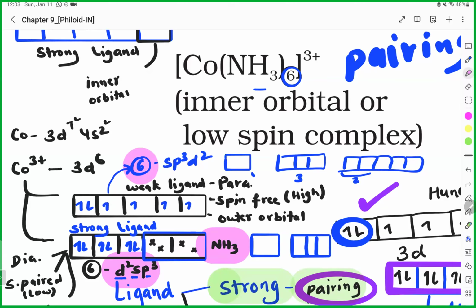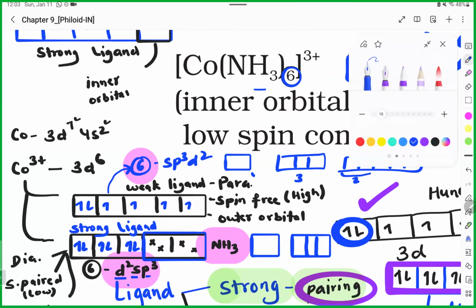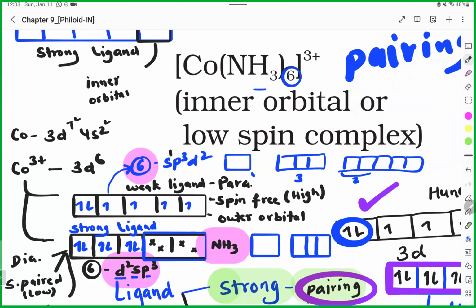If you know the coordination number from the last class, then the total number is 6. So you need 6 orbitals. How to check orbitals? 1s, 3p, d2. Total number 6. Understood? Even here, coordination number 6, 2d, 1s, and 3p, total 6.